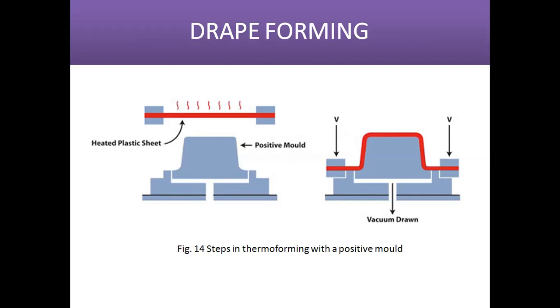And it is possible to drape form items with a depth to diameter ratio of approximately 4 to 1. Okay, so basically in drape forming, we use a positive mold, and in vacuum thermoforming and pressure thermoforming, we use negative molds.